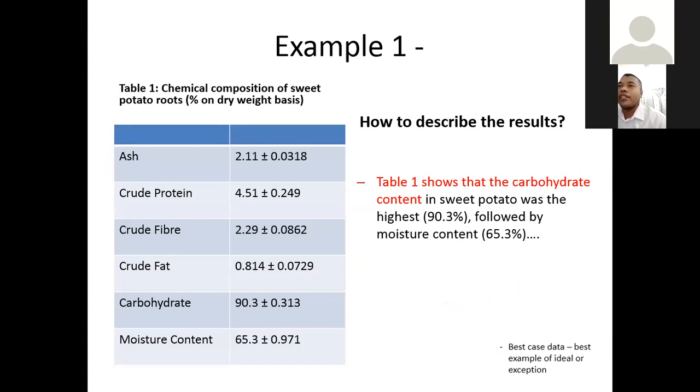All right. So this is how you write the table. What is the most important for the table is the legend. The legend should be on the top. That is for table. How about figures? The legend should be at the bottom.